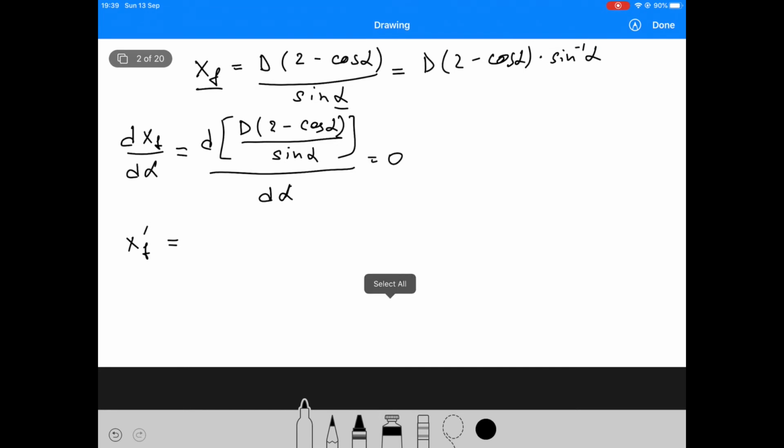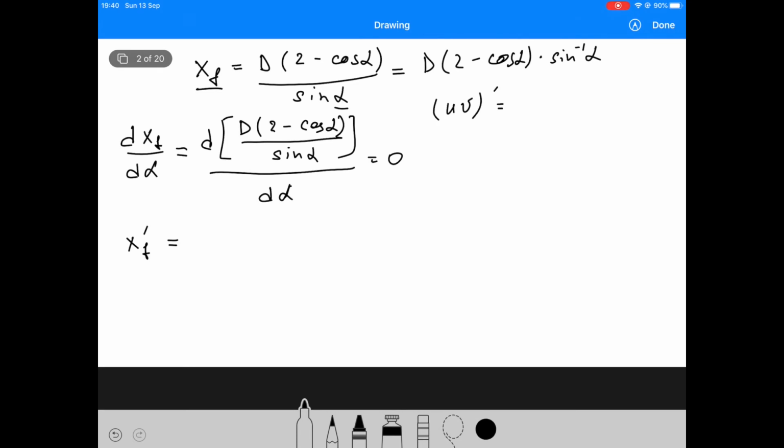So xf prime, which is the first derivative of function xf, will be equal to... we have a product of two functions, and that's why we need to follow the rule for taking the derivative of the product of two functions. So it will be function u multiplied by function v.